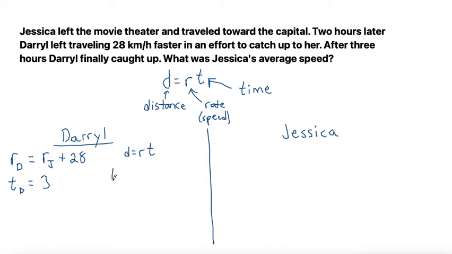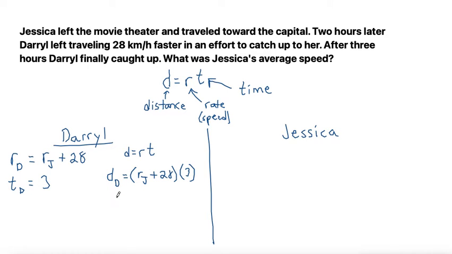So, Darryl's distance is equal to Darryl's rate, which we made an expression of, Jessica's rate plus 28. And let's multiply that by Darryl's time, which is 3 hours.